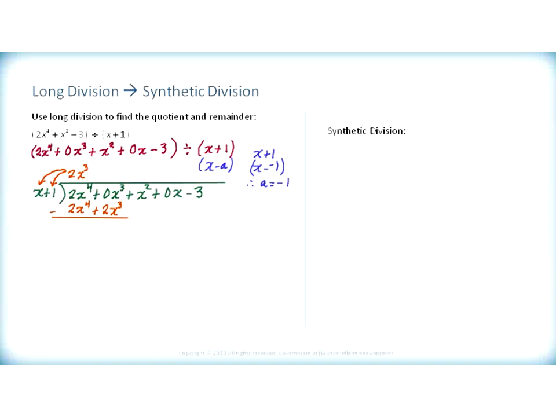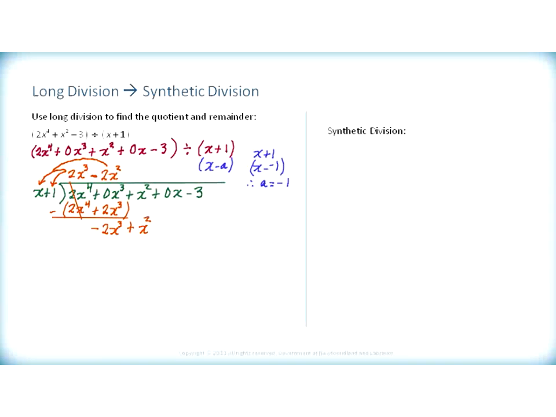When we subtract all of it, we have 2x to the 4 minus 2x to the 4, which equals 0. 0x cubed minus 2x cubed leaves us with a negative 2x cubed. Bring down the x squared and repeat the process again. X multiplied by what is a negative 2x cubed? That would be a negative 2x squared.